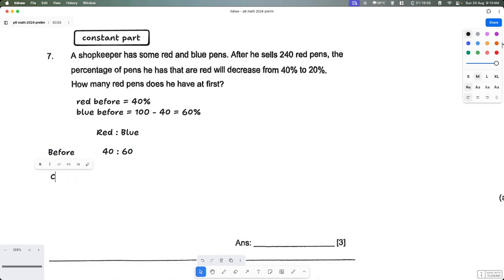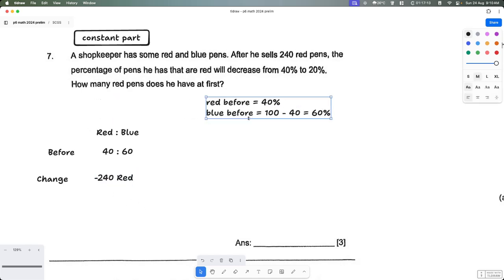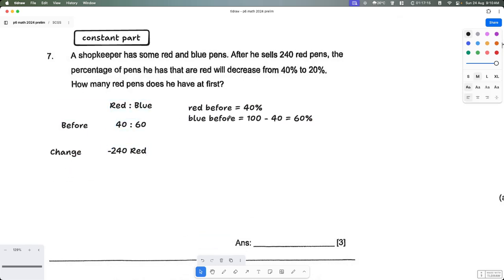The change is the red sells 240 pens, so that means minus 240 red. Then after that we will have the after. Red after is equal to 20%, and then blue after is equal to 100 minus 20, which is 80%.